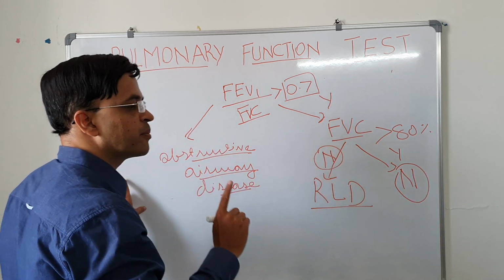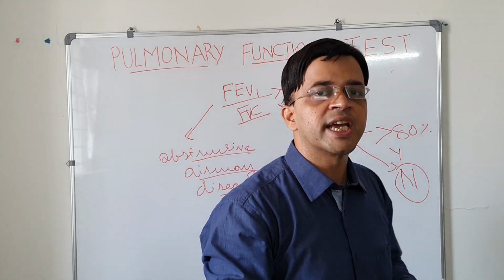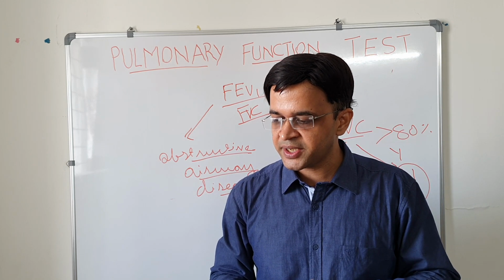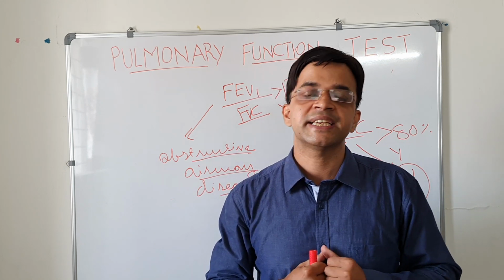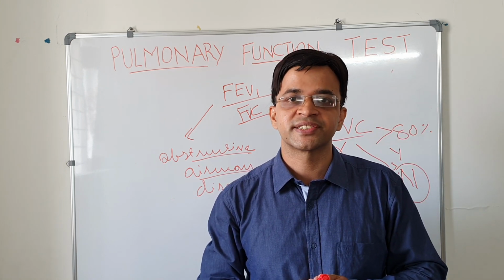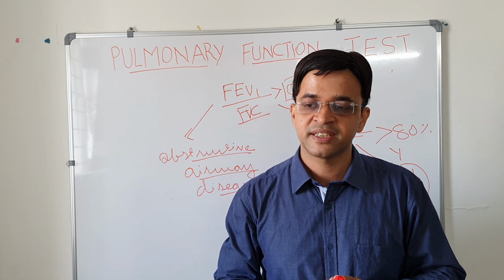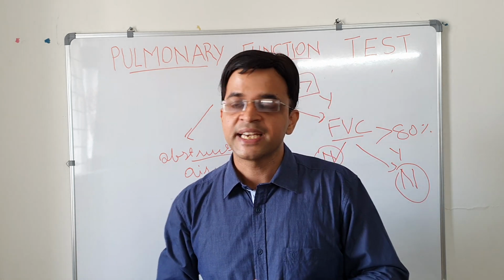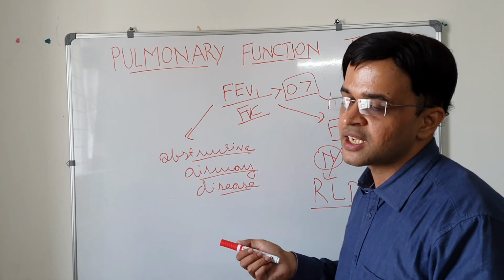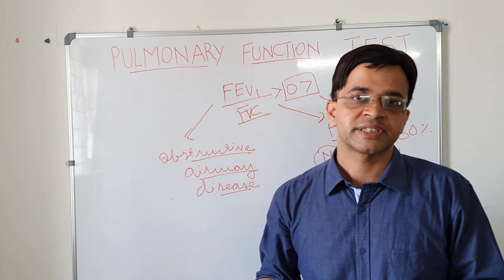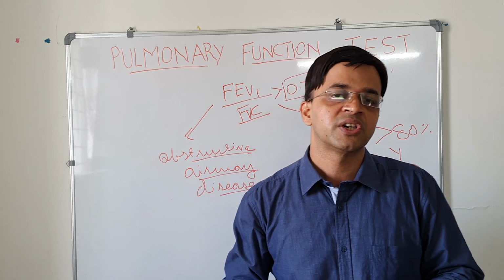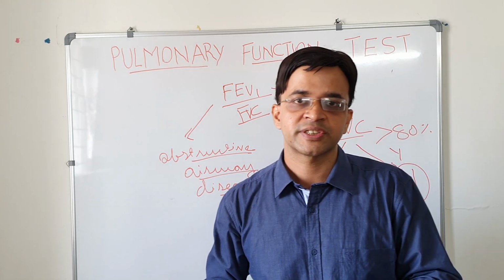But there is one more important phenomenon called air trapping. In case there is some air trapping due to obstruction, then it might mimic a restrictive lung disease. So about that you have to be pretty sure. In case of restrictive lung disease, you have to see the total lung capacity of the person, whether it is more than 80% of the predicted or not.